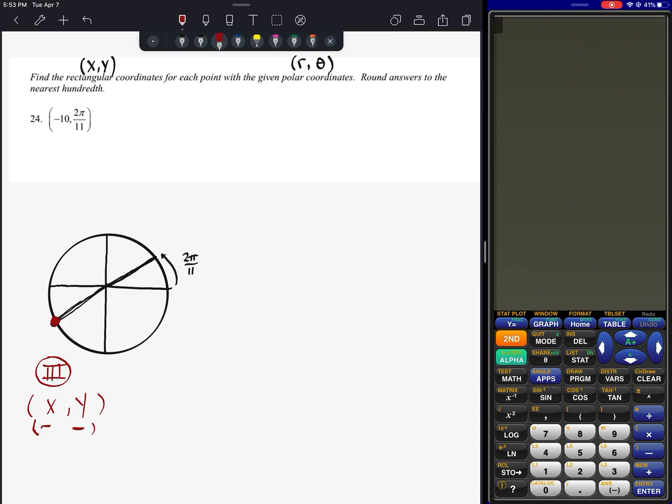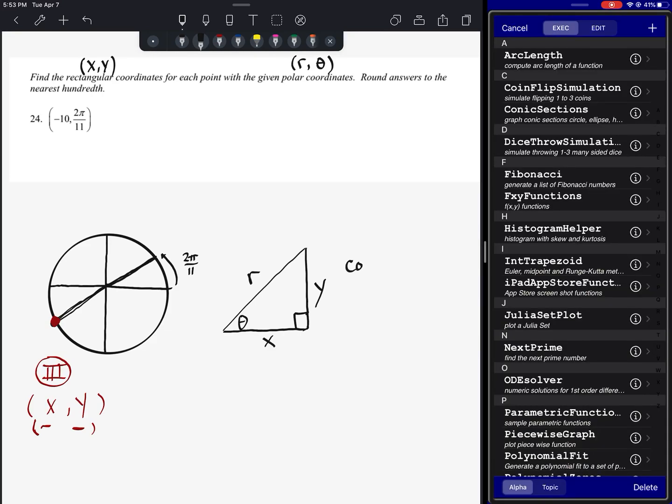That helps as you're trying to figure out what your final solution is going to be. Now, there are some relationships that we've built in this chapter about our x's and y's and r values. Using the hypotenuse as the radius, with this being x and y, and this being our theta, our reference angle, we said the cosine of theta equals x over r.